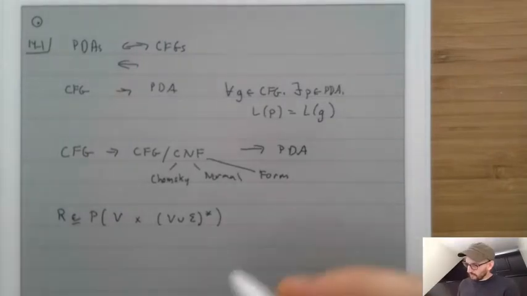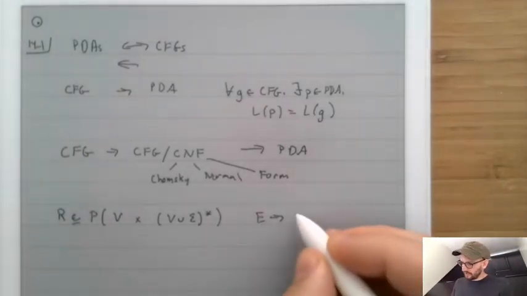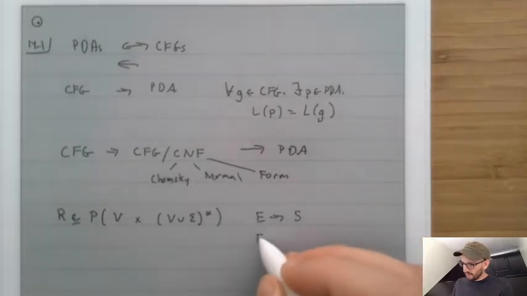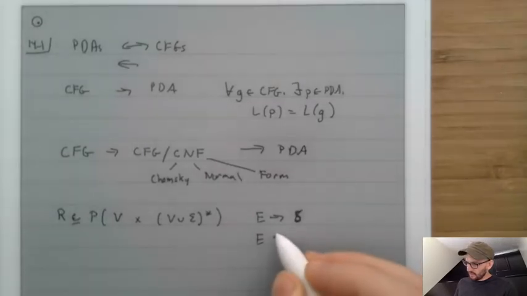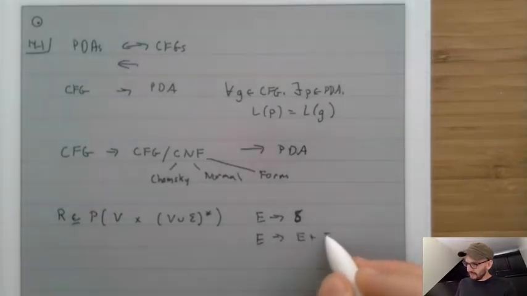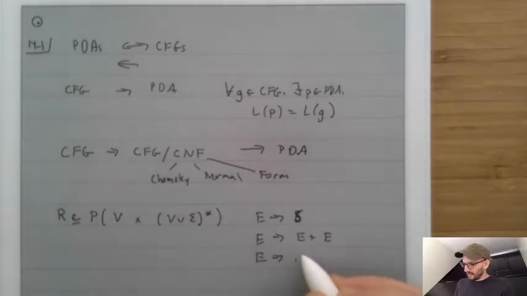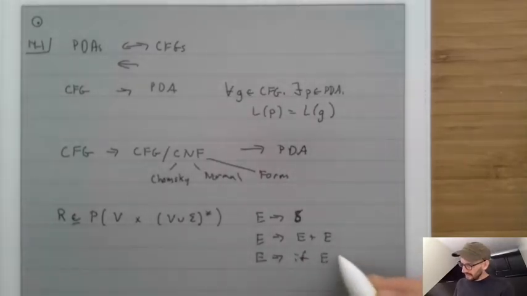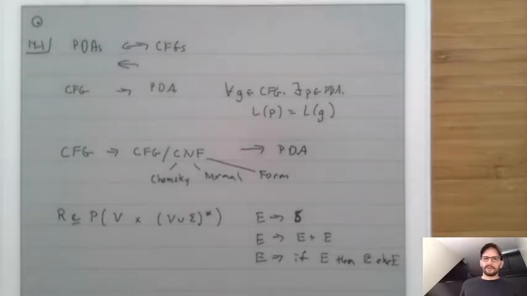That means that we can have rules that say something like E goes to 6, or E goes to E plus E, or maybe something like E goes to if E, then E, else E.